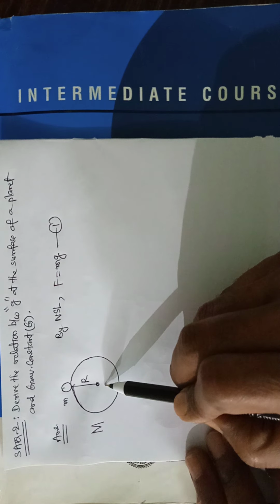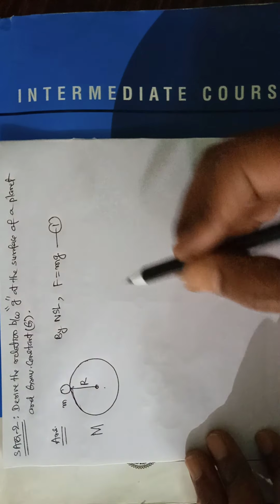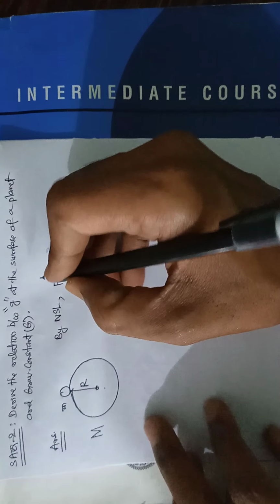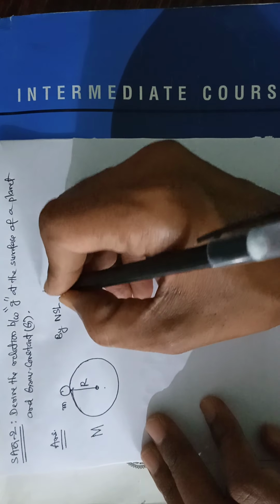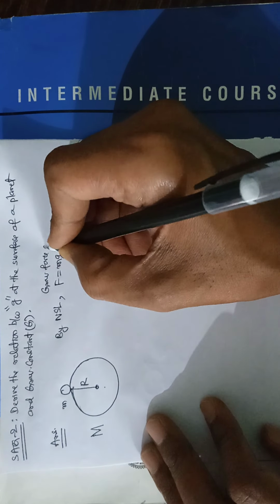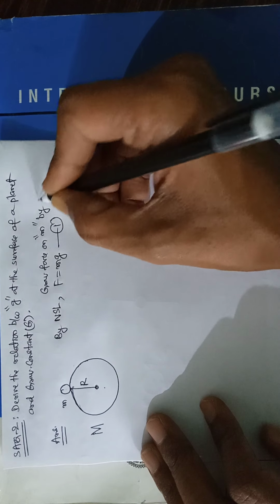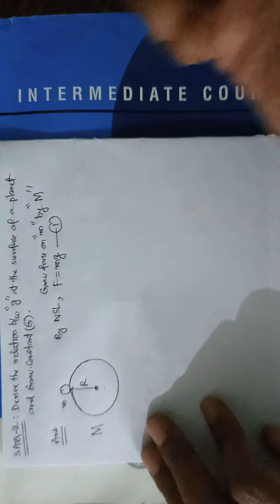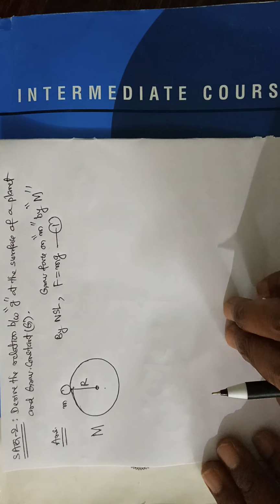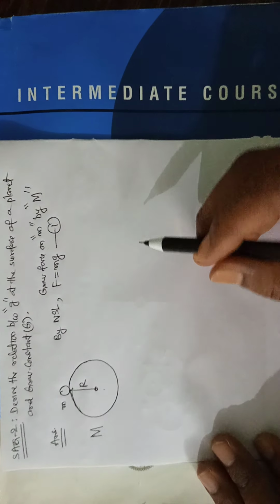So the gravitational force on small m by capital M is F is equal to mg.